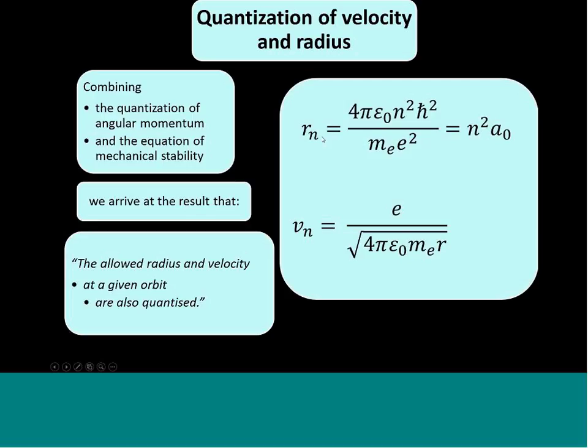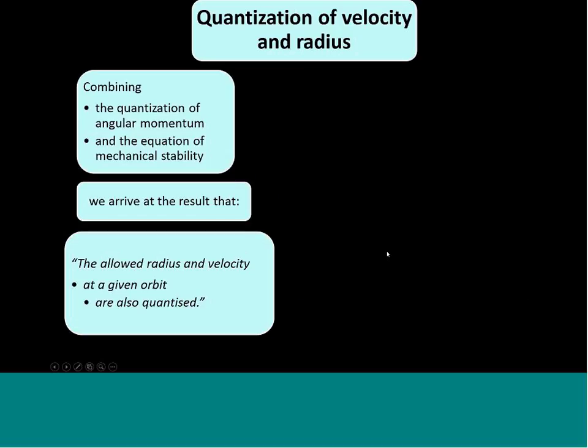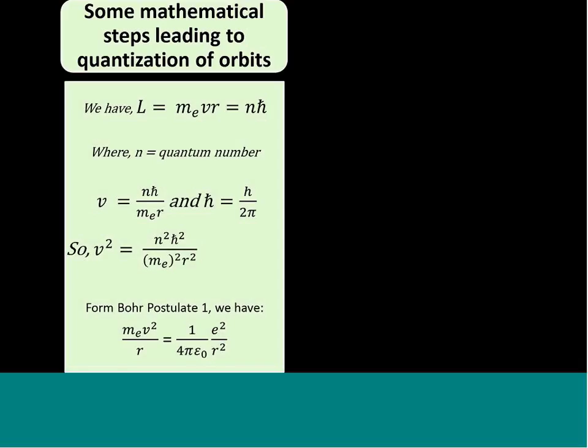So kita akan dapat Rn equal to 4 pi E0 n kuasa 2 h bar kuasa 2 per ME kuasa 2, this one, which is n kuasa 2 A0, dan Vn equal to E per dengan square root pi E0 MER. Mathematical steps leading to the equations of the orbit.